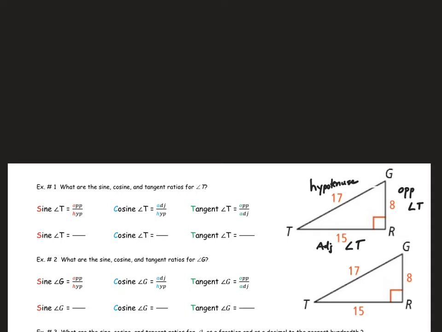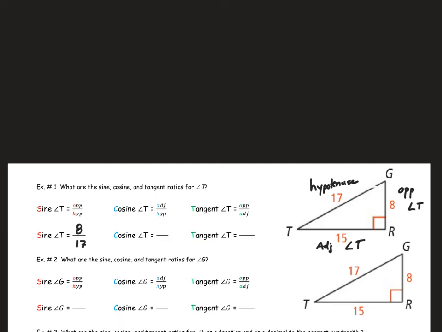The sine of angle T is the opposite side, which is 8, over the hypotenuse, which is 17. So I have 8/17 as the sine of angle T.